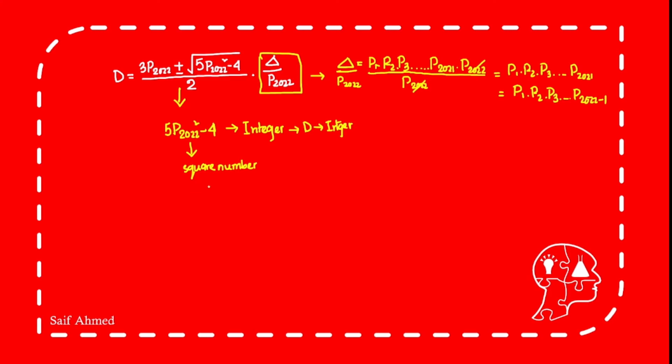Alright, so if I want this one as a square number, remember our first theory. So according to this n, let me clarify it properly.